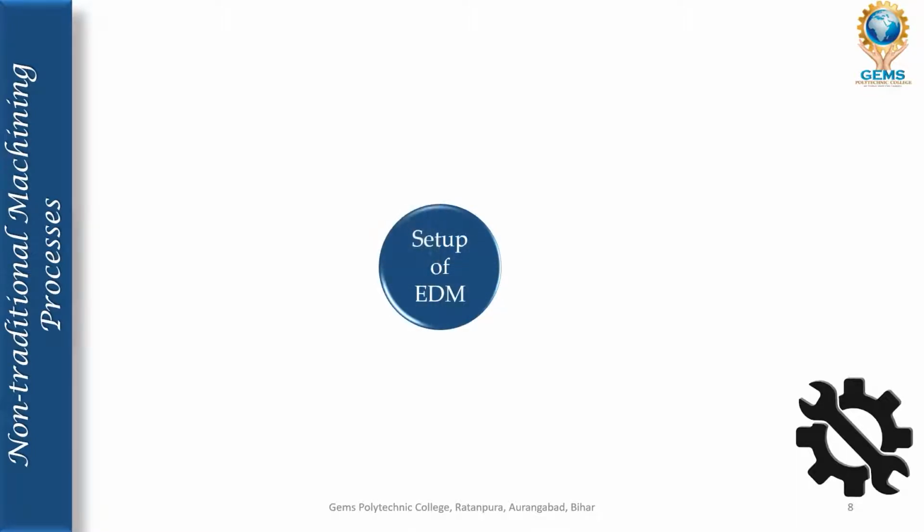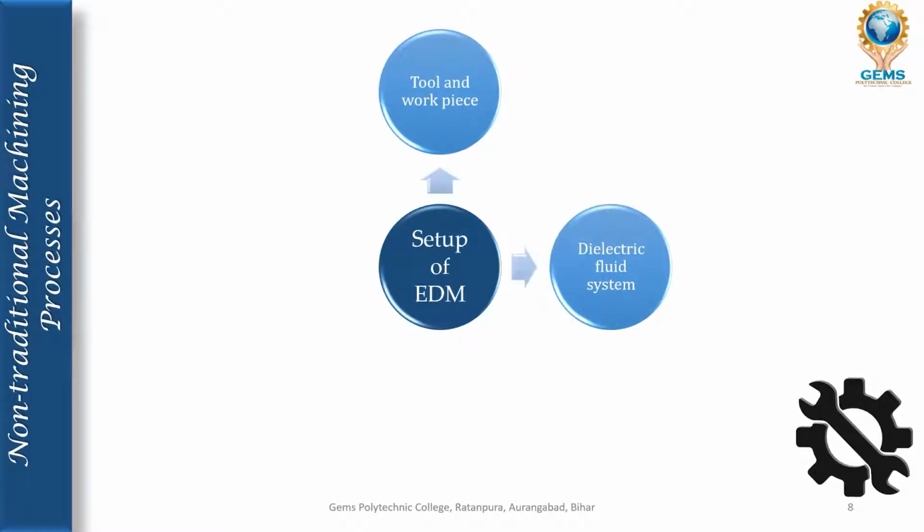Let's see the setup of EDM. The setup of EDM comprises four major components. The first one is the tool and workpiece, the second one is the dielectric fluid, the third one is the RC circuit and power supply unit.